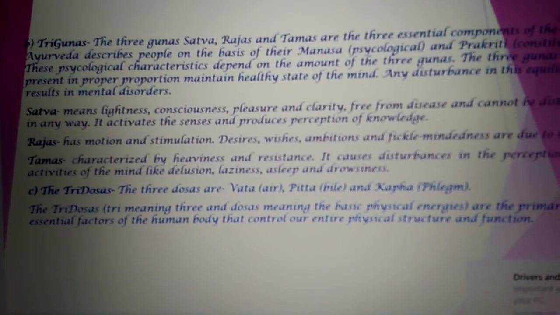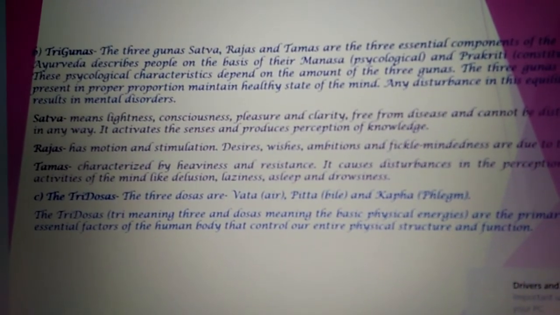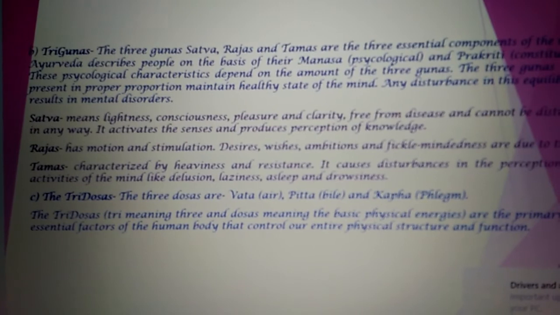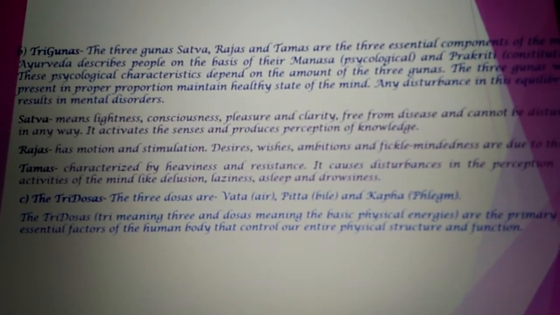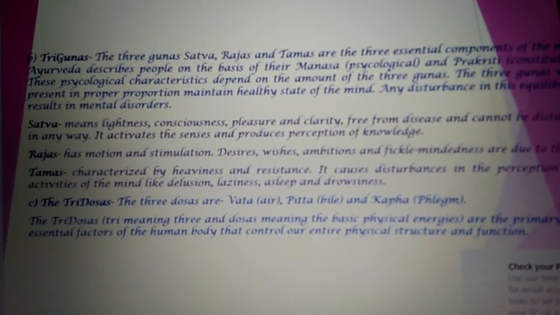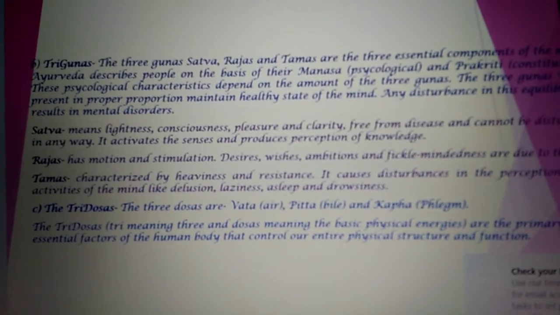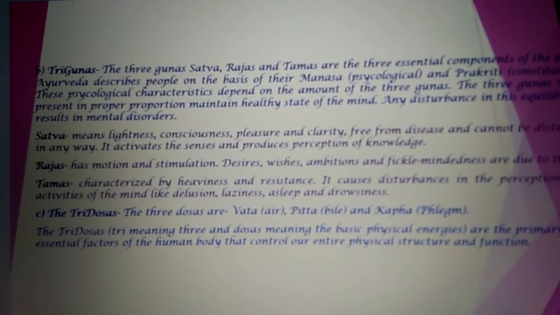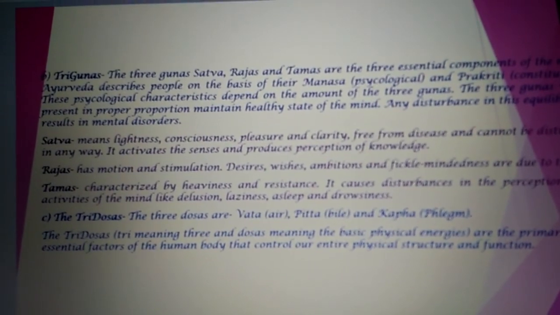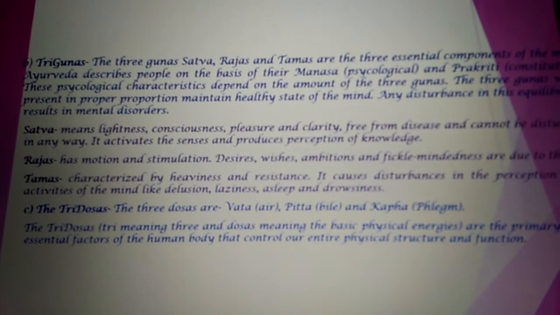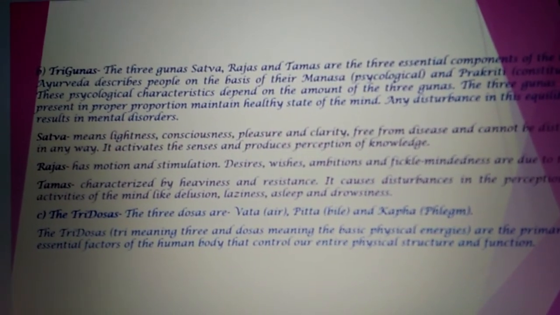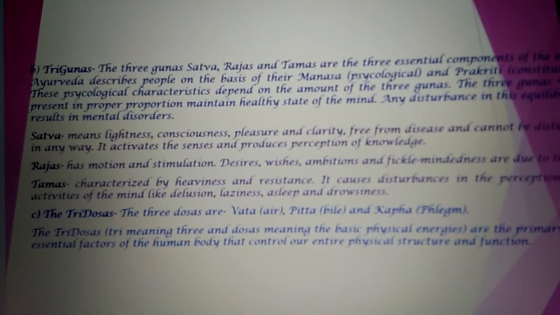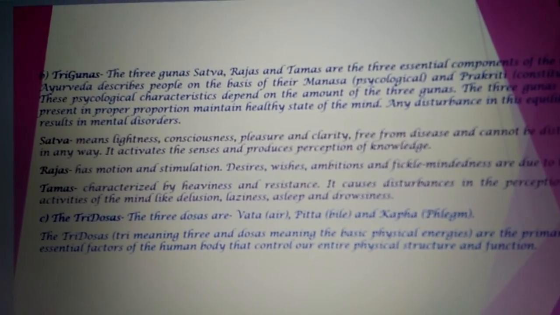These psychological characteristics depend on the proportion of the three gunas. If they are in an equilibrium state, that means in equal proportion, then it maintains a healthy state of mind. If any disturbance occurs in this equilibrium, then it results in mental disorders.